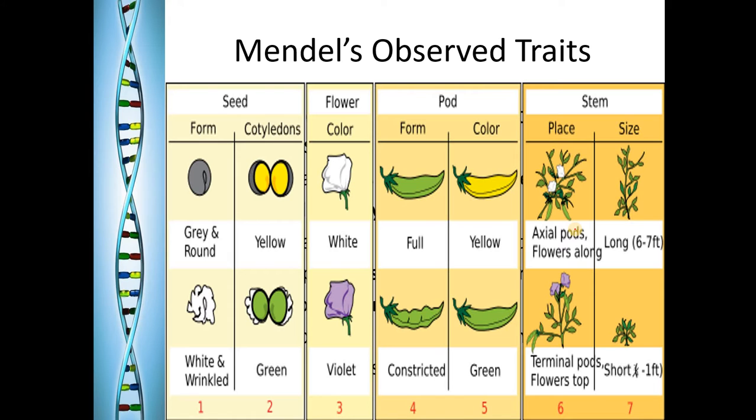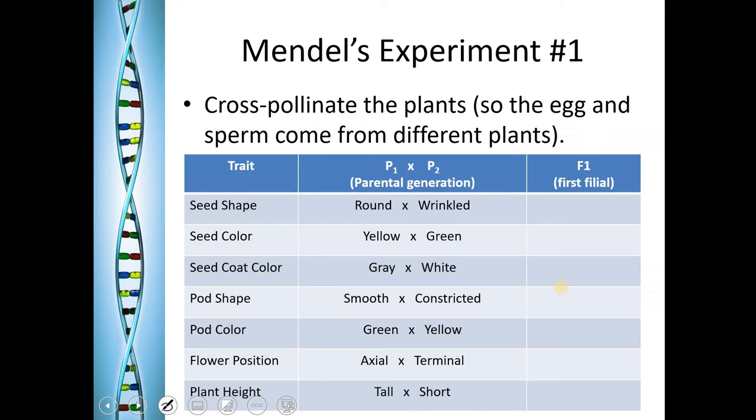The pod could either be smooth, this says full, but sometimes you'll see it called smooth, or constricted. The pod could be yellow or green. The plant stem could either be tall or short, and then the flower position on the stem could either be axial or terminal. Axial means that it comes off of the stem, and terminal means it's at the end of the stem. So these were the 7 characteristics that Mendel looked at when he was studying his pea plants.